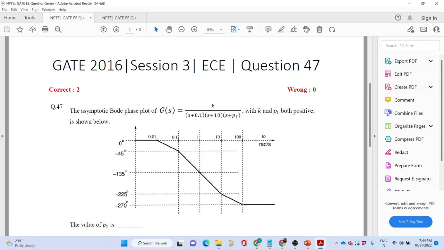However, the effect of this pole starts from s equal to 1 and it lasts up to 100. But you see that when you are exceeding s equal to 10, the slope is minus 45 degree, whereas when s equal to 1 to 10, you see that the slope is minus 90 degree per decade. So there must be some pole over here, right? That is what the logic says.